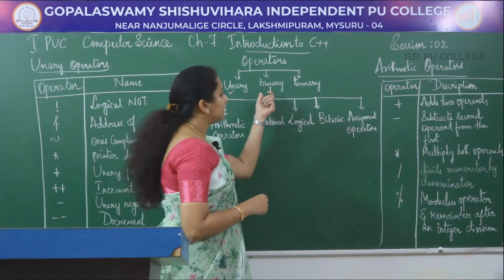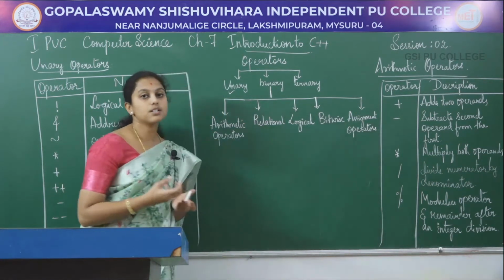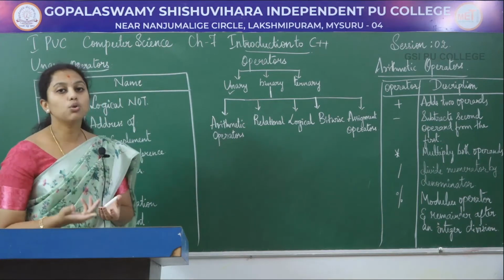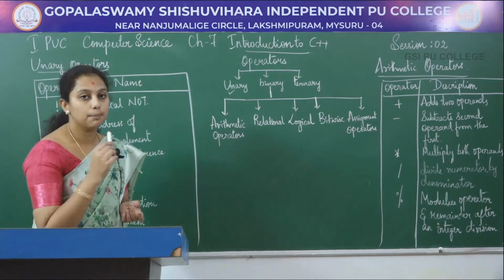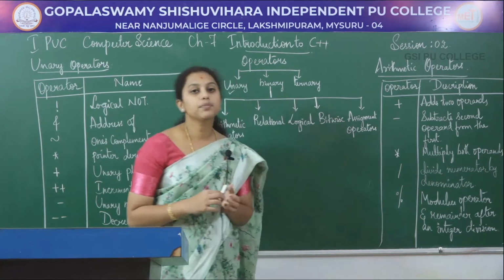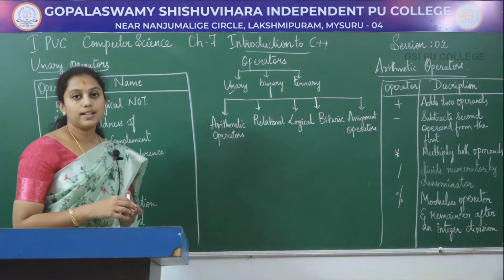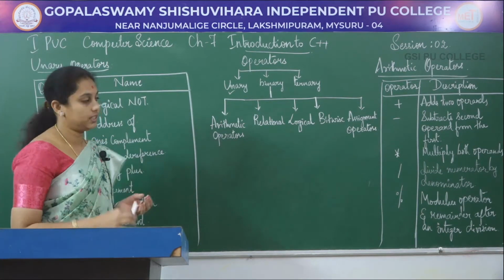The second one is binary operators. Binary operators operate on two operands. The third one is the ternary operator, which operates on three operands.